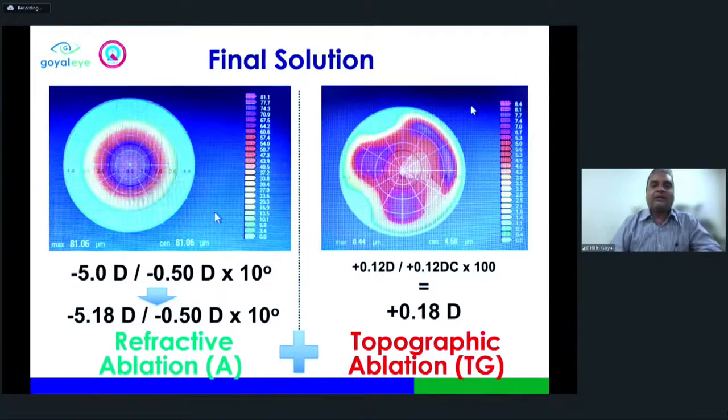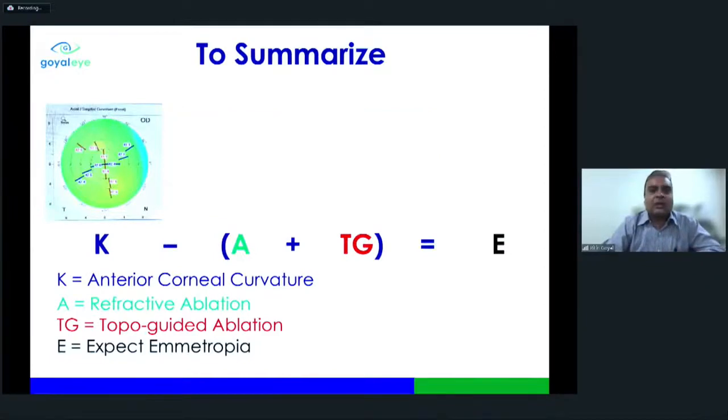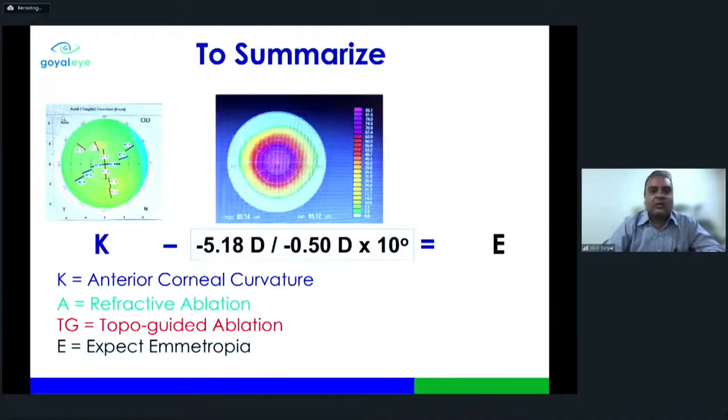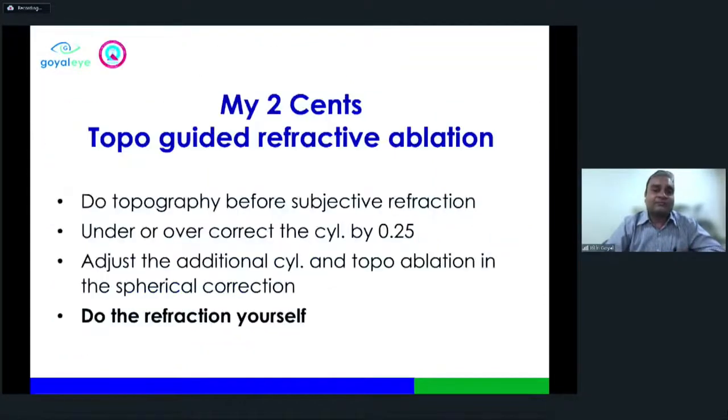So 0.18 diopters extra in this case would be what I would apply for my final ablation treatment. So just to summarize, we'll take the two of these, combine it into a single one, and this is the treatment that I would do. And so far, my results have been pretty good, and I've been quite happy with this idea.